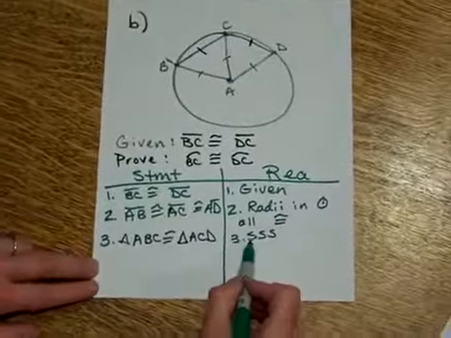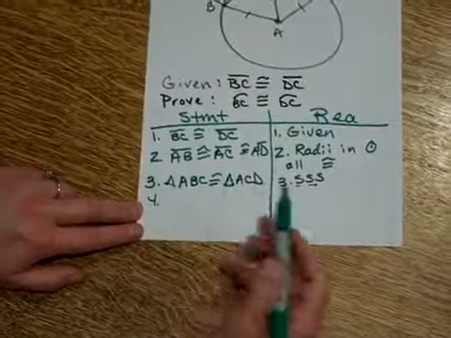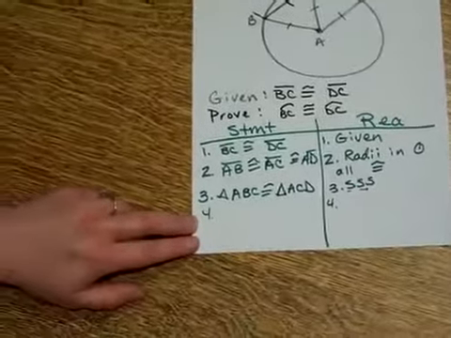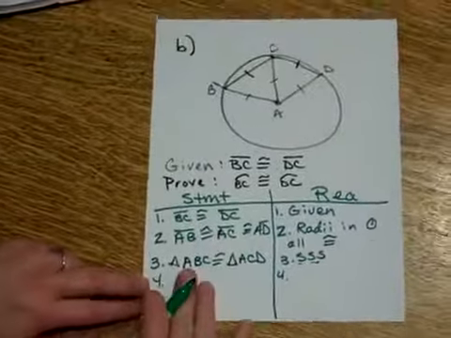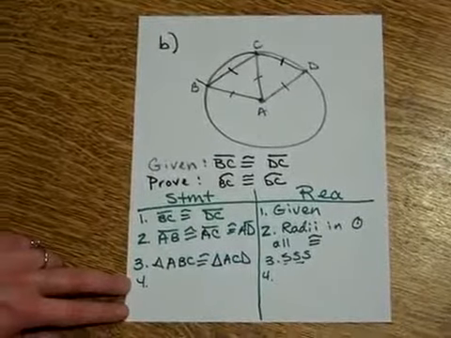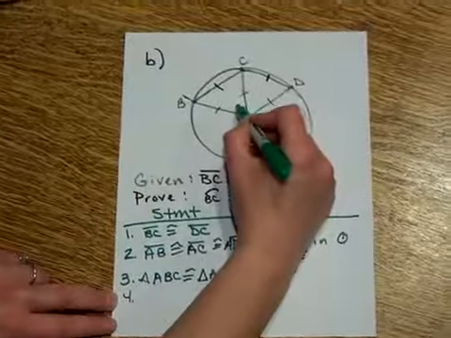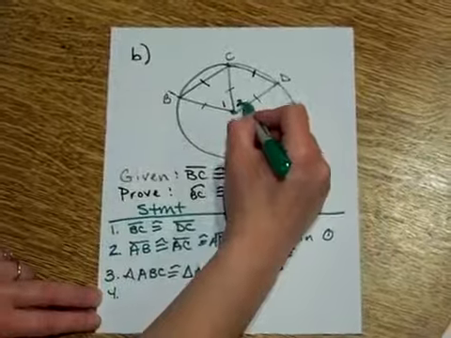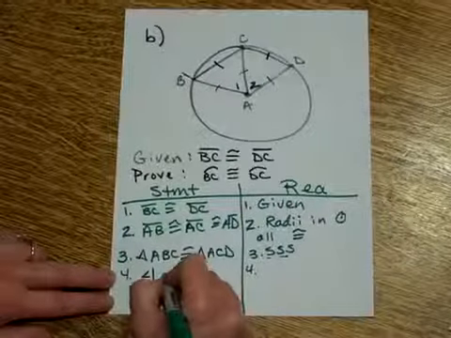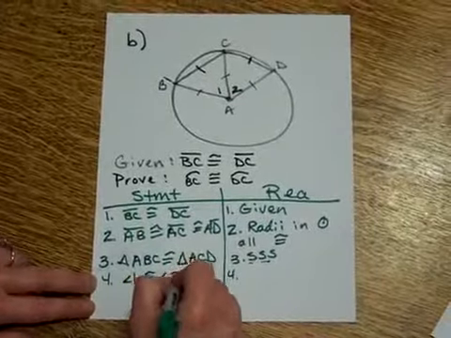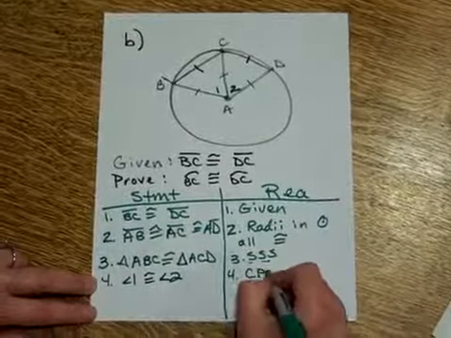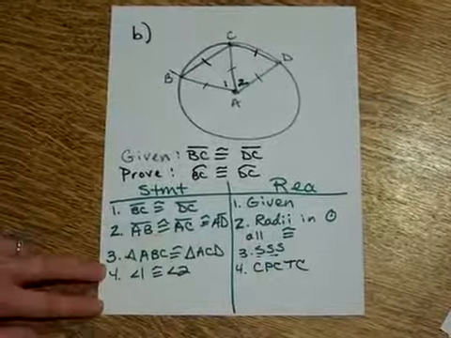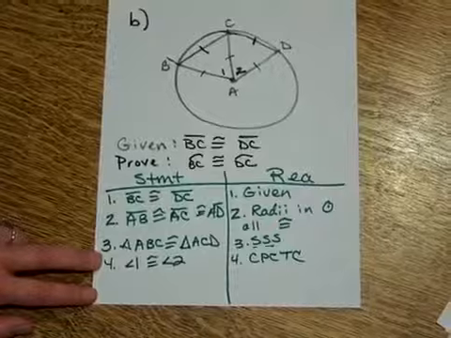If we have congruent triangles, then the next step, hopefully we're not rusty on this, is that we can state that these angles are congruent. I'm going to number my angles. Angle 1 is congruent to angle 2, and that's by CPCTC, congruent parts of congruent triangles are congruent.